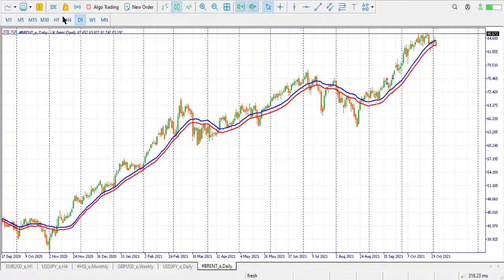So I'll draw that here so that you see whatever I was talking about. Assuming this is a green candle, we have a green candle like this. We mark this as green so that you're able to see what I'm talking about.